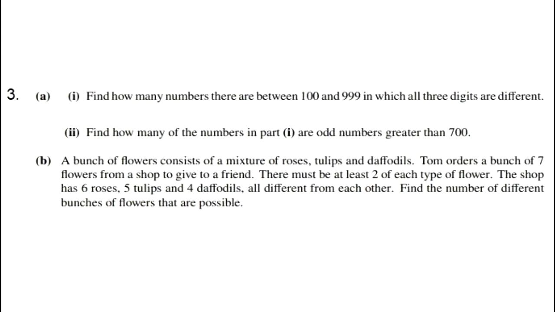Then the B part of the question. A bunch of flowers can consist of a mixture of roses, tulips and daffodils. Tom orders a bunch of 7 flowers from a shop to give a friend. There must be at least 2 of each type of flower. The shop has 6 roses, 5 tulips and 4 daffodils. Find the number of different bunches of flowers that are possible.